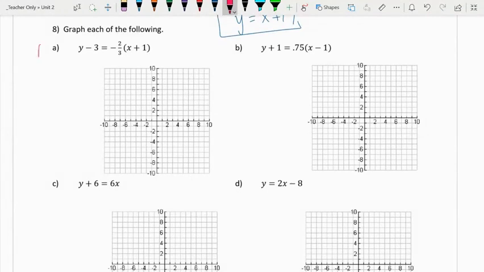Now here's something that students struggle with often. Yes, you can distribute and solve for y, and graph this, but sometimes it'll make it nearly impossible to graph on the graph shown. So instead, I want you to get in the habit of grabbing the point out and then moving the slope. First off, when you grab the point out, remember that's always the opposite of what you see.